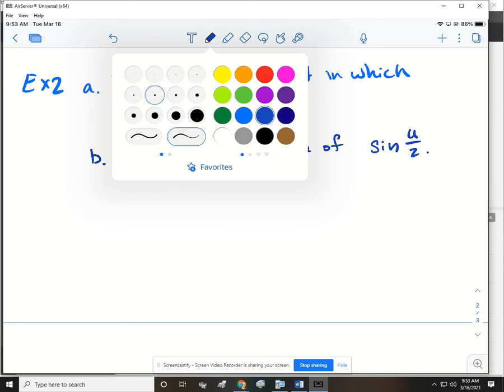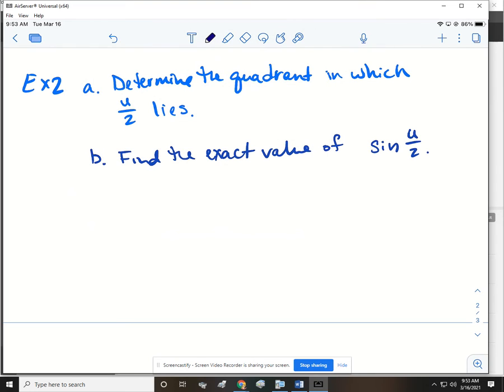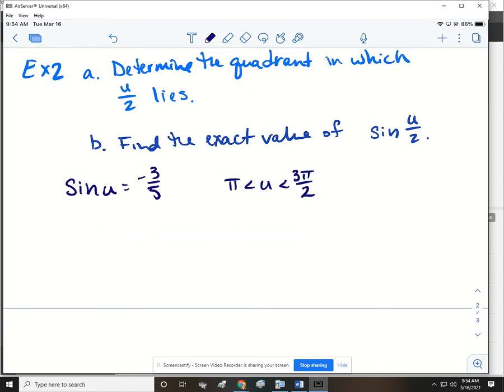Okay, and we're still working with the problem stuff that's given to us. What we're given is that the sine of U is negative 3/5 and pi is less than U is less than 3 pi over 2. Okay. So before I do A and B, I need to draw a triangle for U. So we need to remember what this symbolism means, and that's just telling you what quadrant you're in.